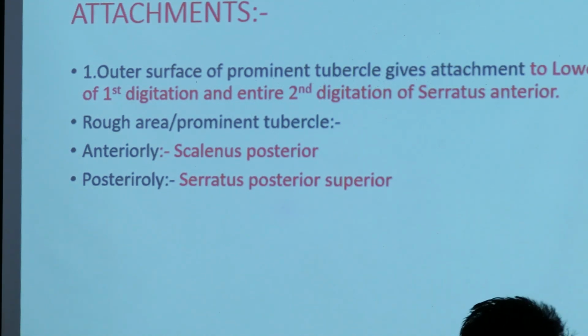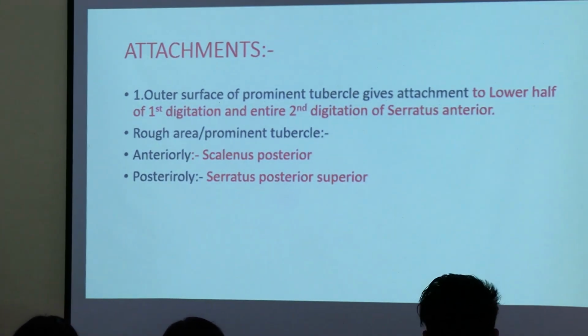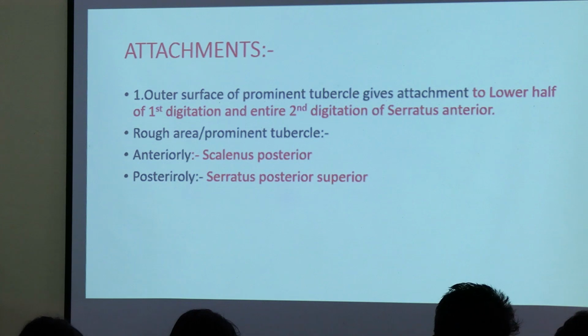And behind it, one ridge is present, where the scalenus posterior muscle is attached anteriorly and the serratus posterior superior muscle posteriorly. So only three muscles are attached here.